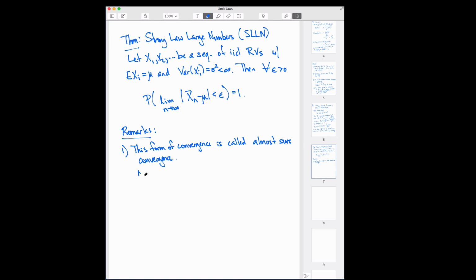And we use the notation, and again remember that the notation I'm going to be using here just has some random variable approaching its mean. So here I'm using X bar, the sample mean, as my random variable, and we just write AS over that arrow to denote almost sure convergence.